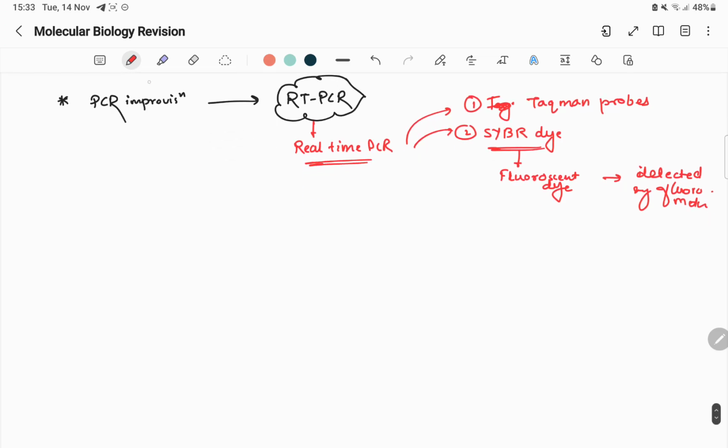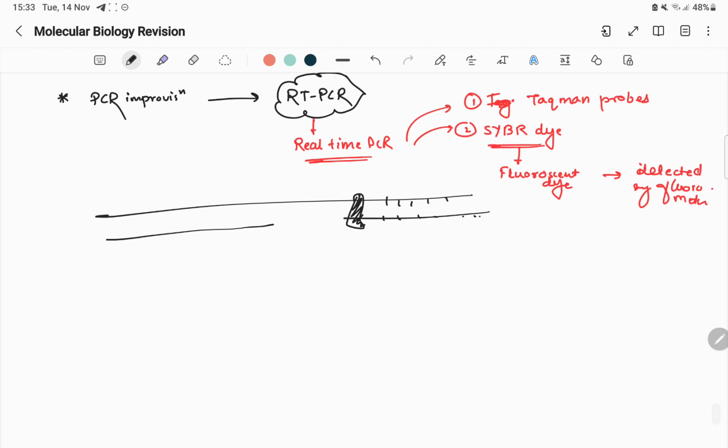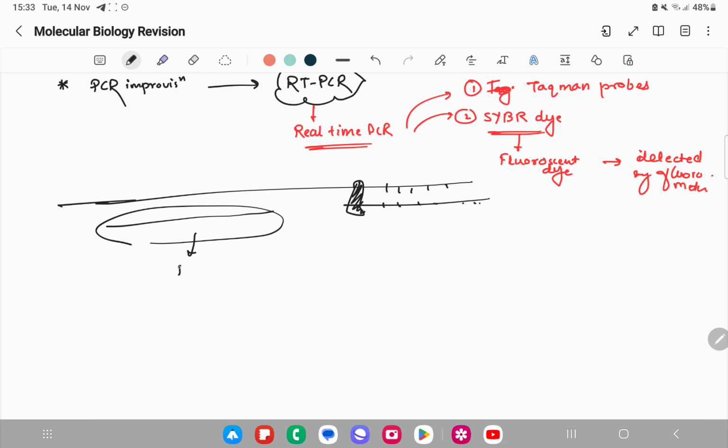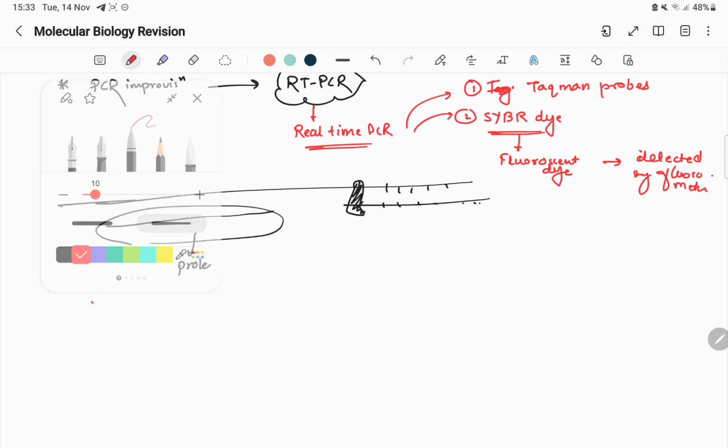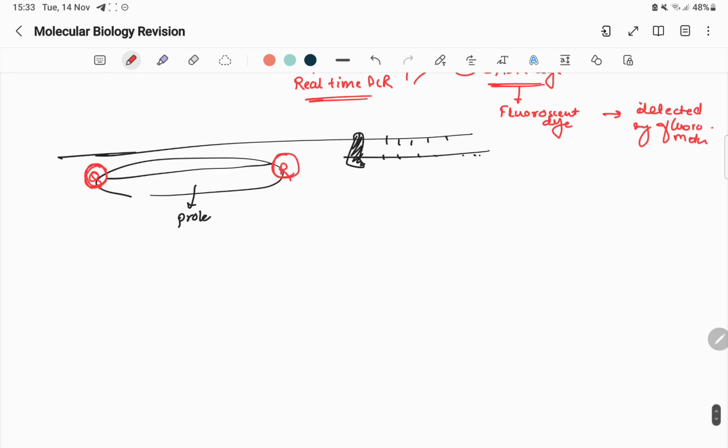So what is happening in this method is that, let's say here is a DNA polymerase. This is the probe. In the probe you label it with Q and R. What are Q and R? This is the quencher of fluorescence, and this is the reporter of fluorescence.